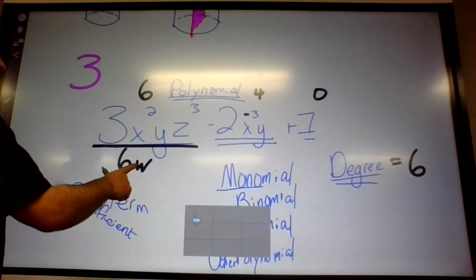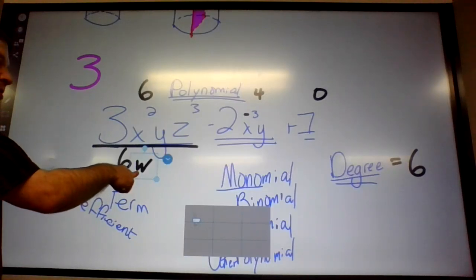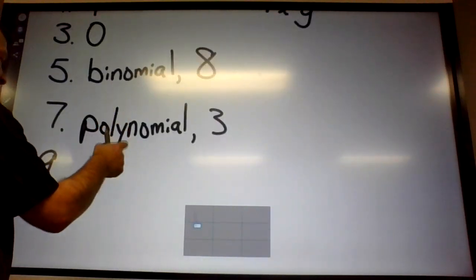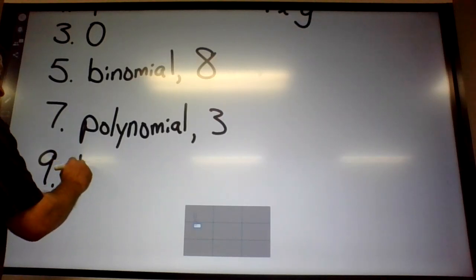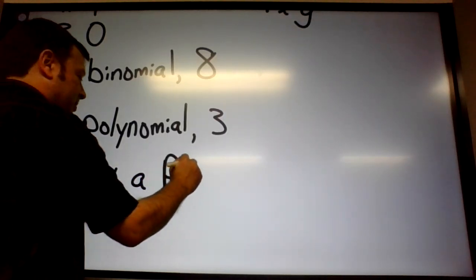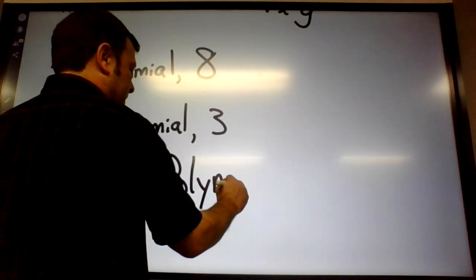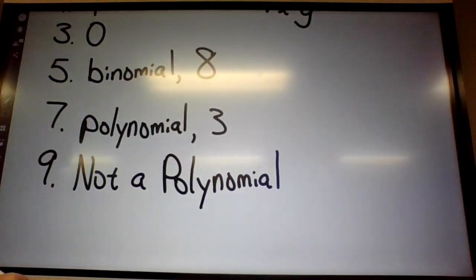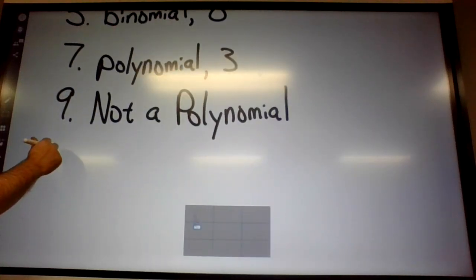Is it not a polynomial? If you divide by a variable, it is no longer a polynomial. In that case, it doesn't have a degree, so you don't have the second answer on this one. Not poly.